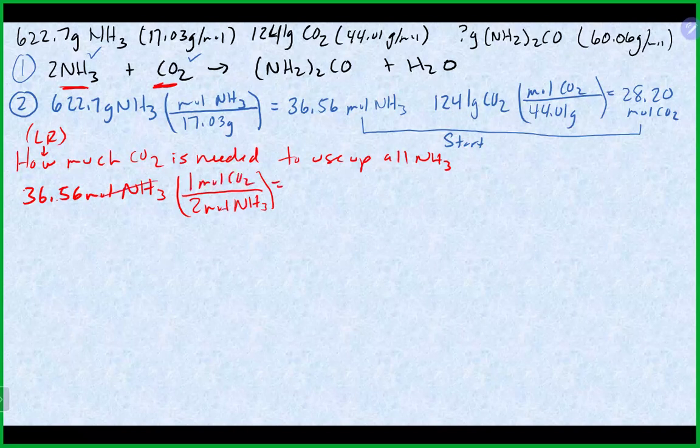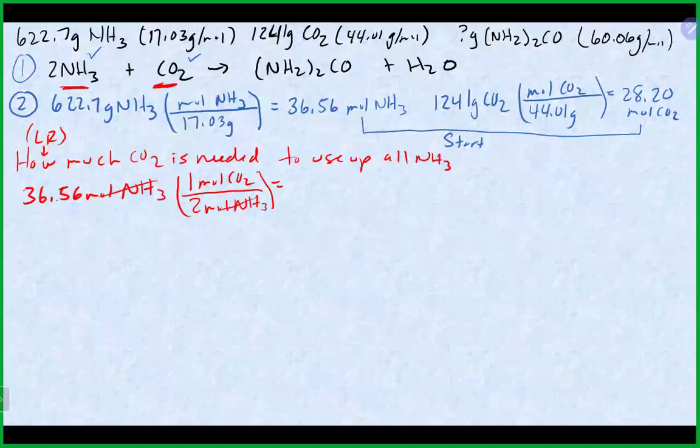The moles of NH3 will cancel, and that gets us 36.56 divided by 2, about 18.28 moles of CO2 needed. First off, any questions on that calculation?